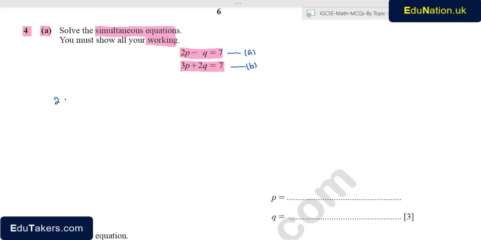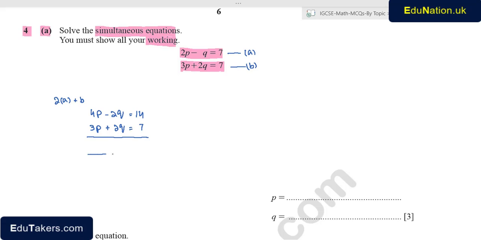Now multiplying equation A by 2 and then adding it to B. So it will be 4p minus 2q is equal to 14, and plus 3p plus 2q is equal to 7.